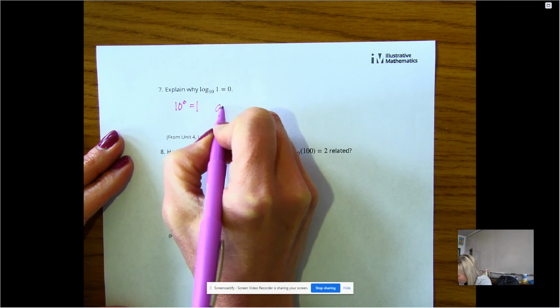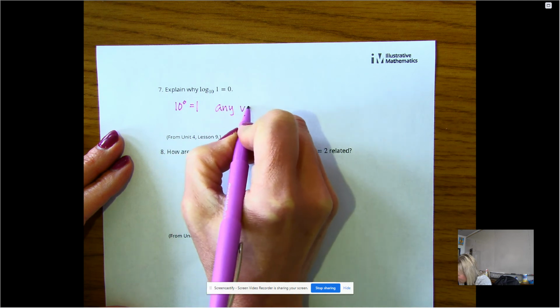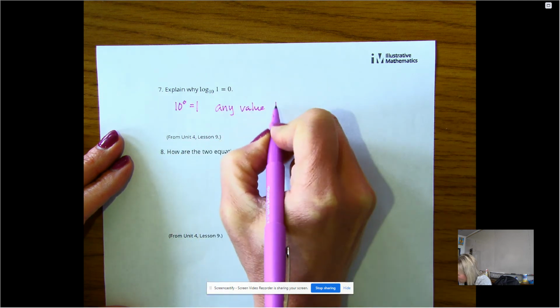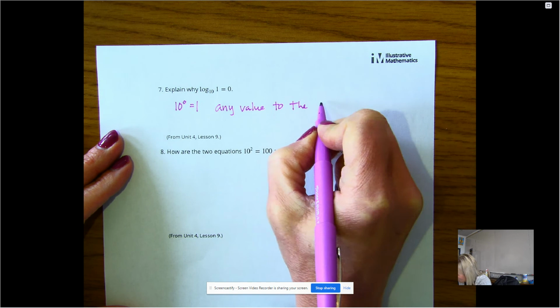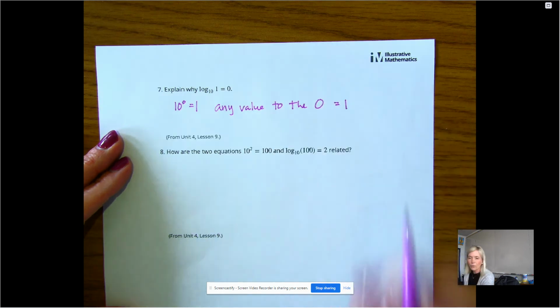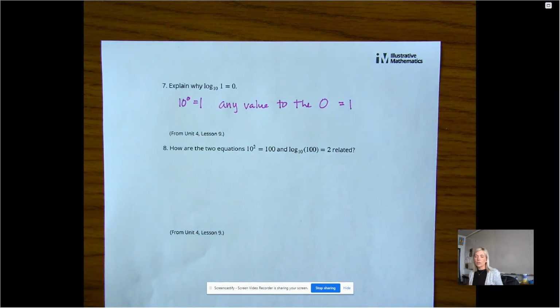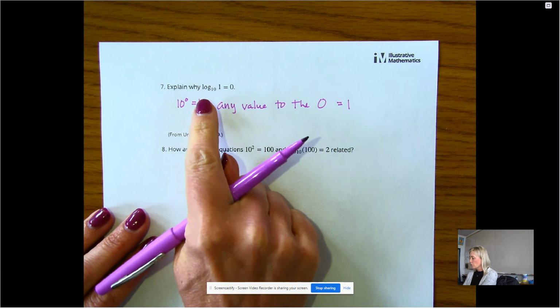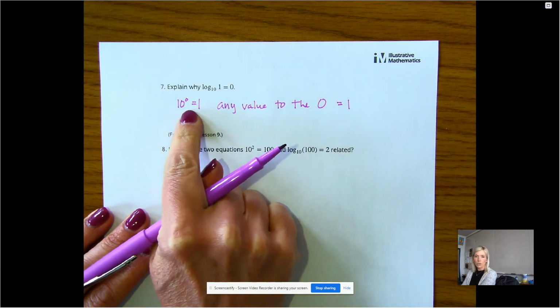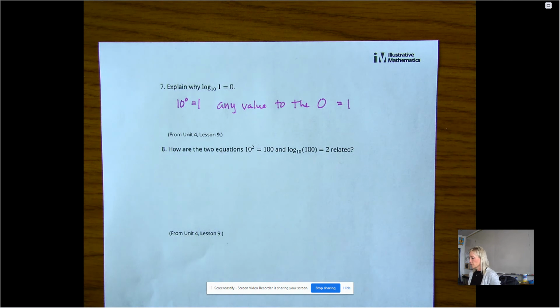So any value to the 0 is equal to 1. We wrote that in our notes the other day. Any value to the 0 is equal to 1. So when I change from log form to exponential form, this is a true statement, and so that's why it's true.